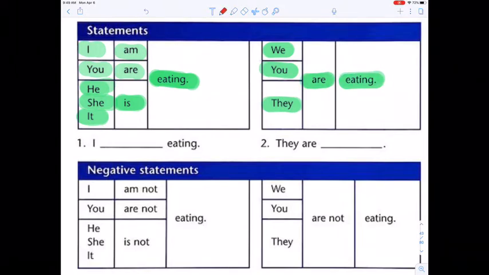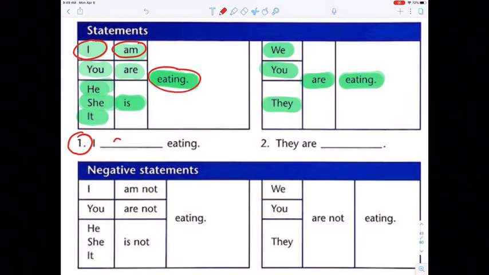Let's take a look at this sentence, number 1. I blank eating. What can we put in the blank? I am eating.